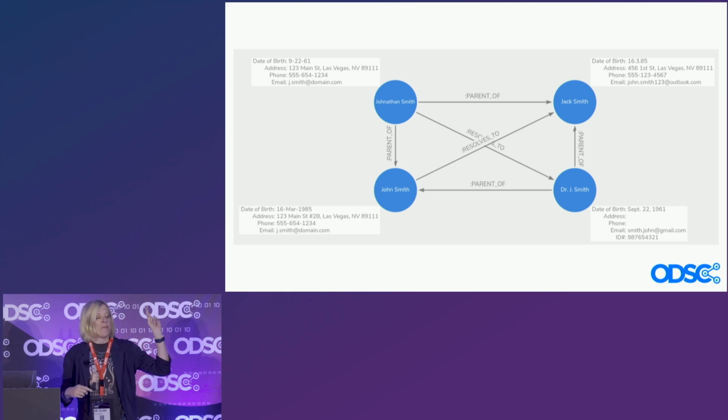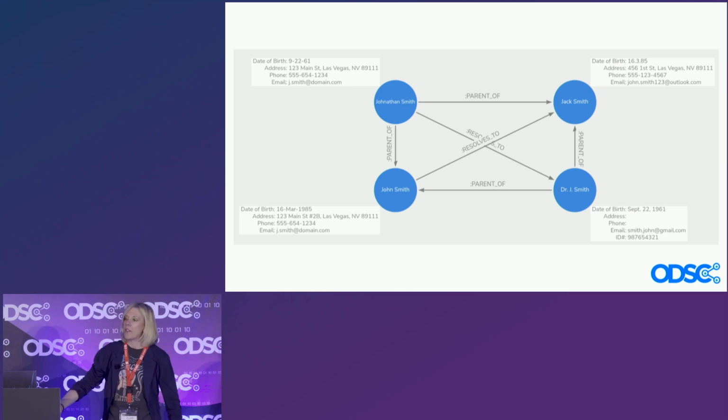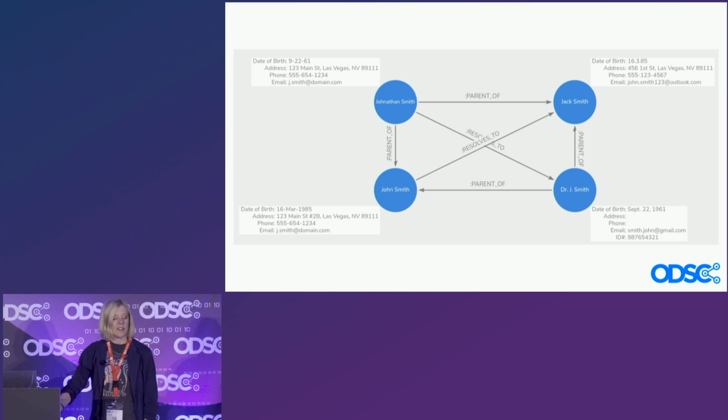The upper left and the lower right are the same person, and we figured that out based on birthday. Then the bottom left and the upper right, John Smith and Jack Smith, are the same person, which we also figured out based on birthday. We could eventually figure out parent-of relationships.